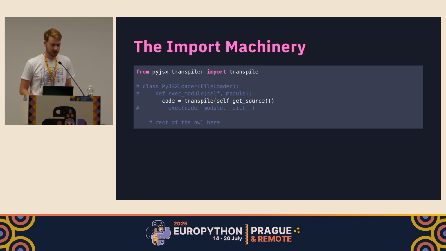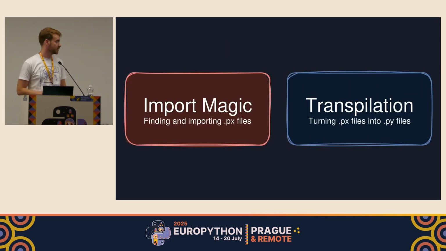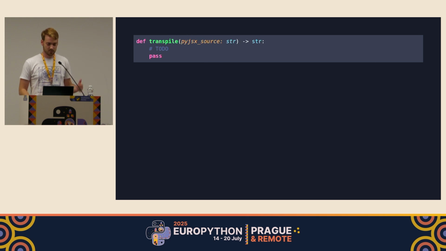And now let's talk a bit about the transpilation, which is the second part. I have to take this PyJSX source code, which is not valid Python because there's all this HTML in it, and Python doesn't know how to run it, and I need to turn it into normal Python. So we have this function, and we need to implement it.